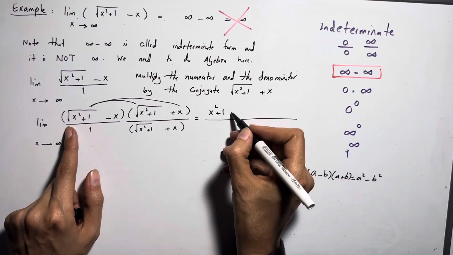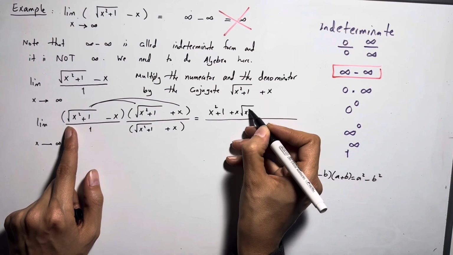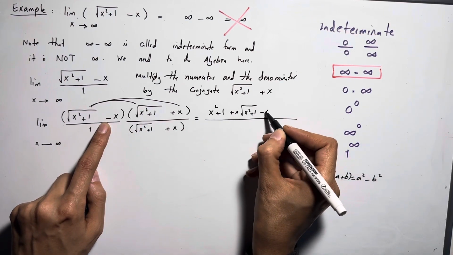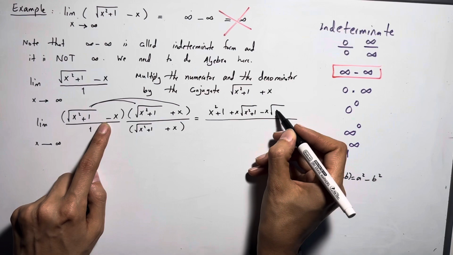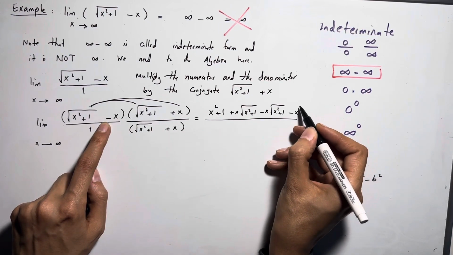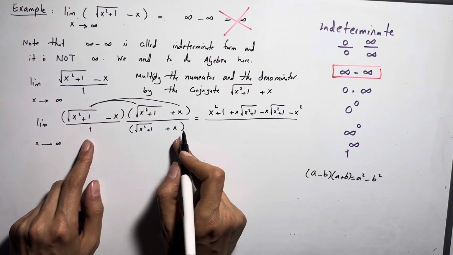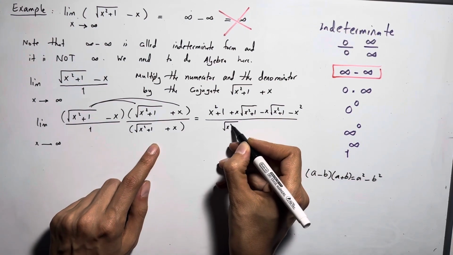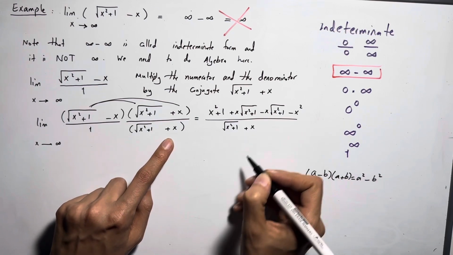And here you have plus x times square root of x squared plus 1, then do the distribution for the second term: minus x times square root of x squared plus 1, minus x times x, negative x squared. Divided by 1 times this, just copy down square root of x squared plus 1 plus x.